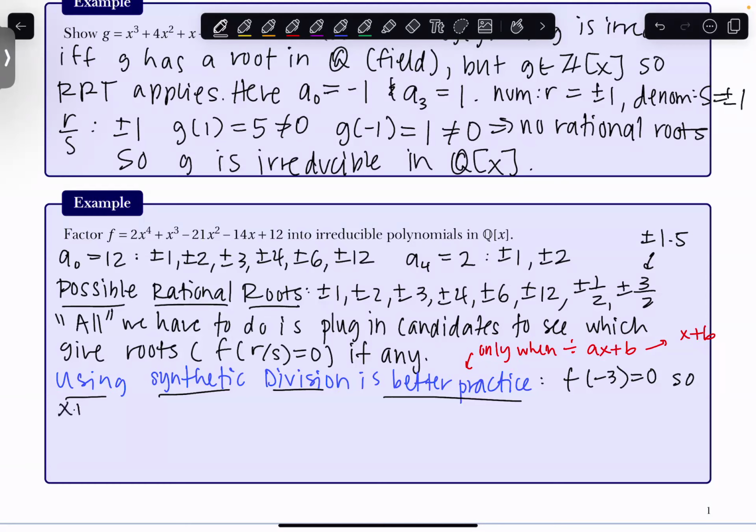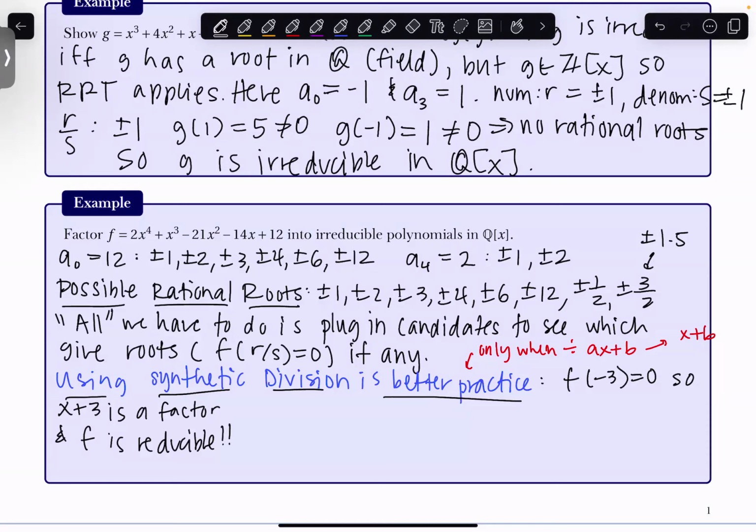So x plus 3 is a factor, and immediately we can say f is reducible. So we can always say if you have a root, then it's reducible over wherever the root lives. But if it has no roots, I can't always conclude something about my polynomial here.